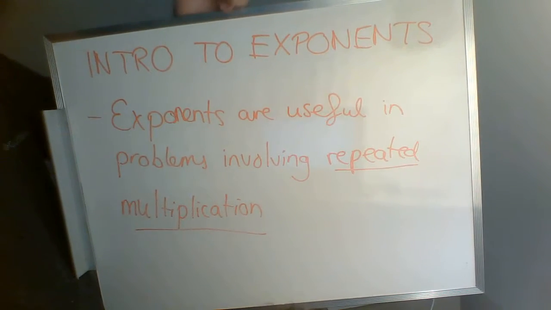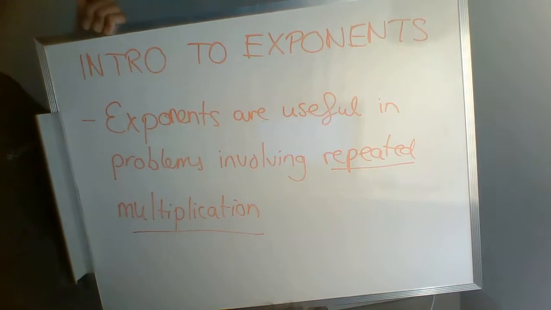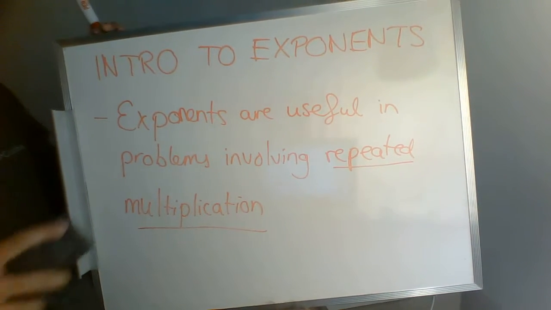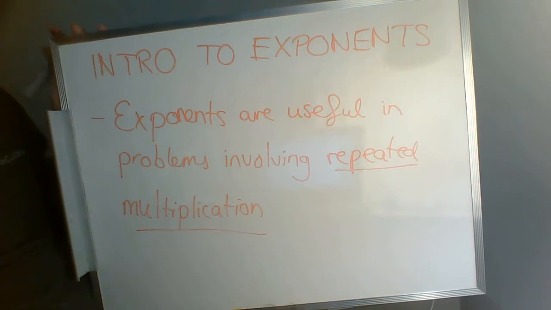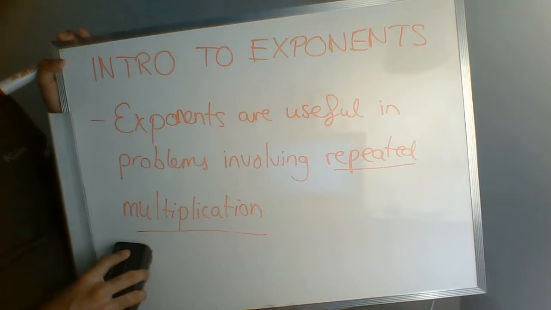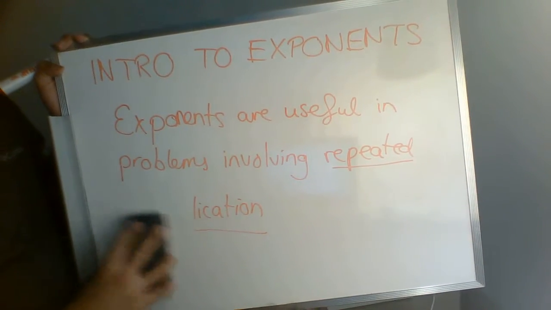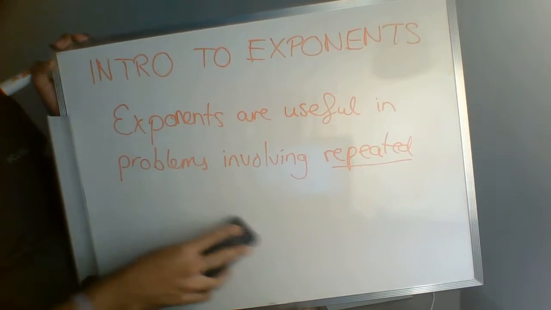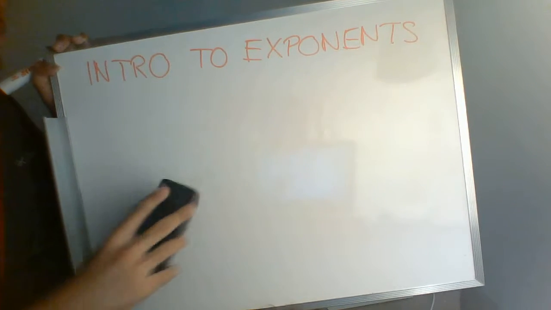So we're going to focus on that idea of exponents representing repeated multiplication, and we'll just do a few examples, nothing overly complicated in this video, just so that you can get a feel for how this notation works, and then we'll talk about a few rules that you have to follow with exponents after that. So we'll start with a couple of simple examples.